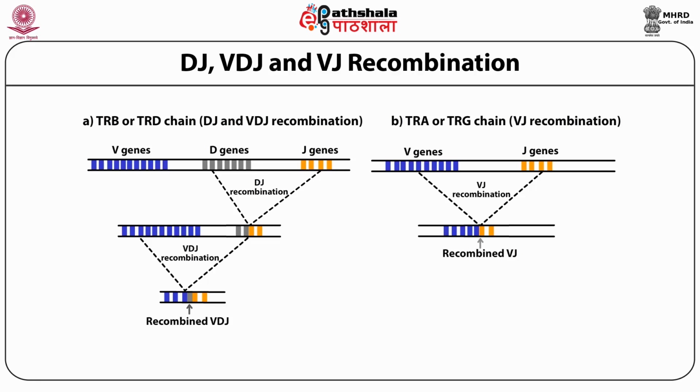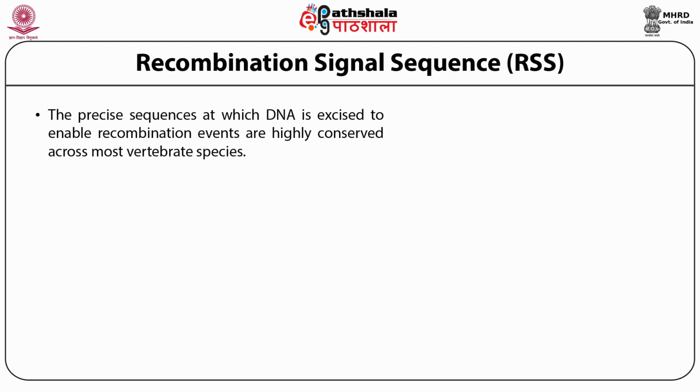As will be discussed later, the mechanism of molecular processes that lead to all these kinds of recombination events is essentially the same. The precise sequences at which DNA is excised to enable recombination events are highly conserved across most vertebrate species.